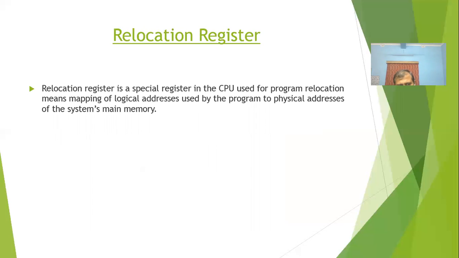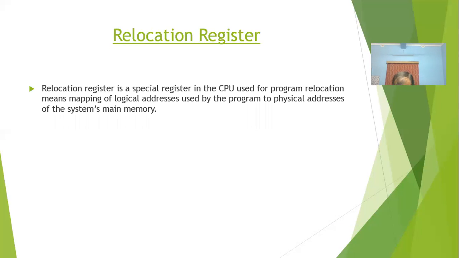And lastly, what is the relocation register? Basically, the relocation register is a special type of register in the CPU, and it is used for program relocation, meaning mapping of the logical addresses used by the program to the physical addresses of the system's main memory. So relocation is a method of shifting a user program from one memory location to another memory location.